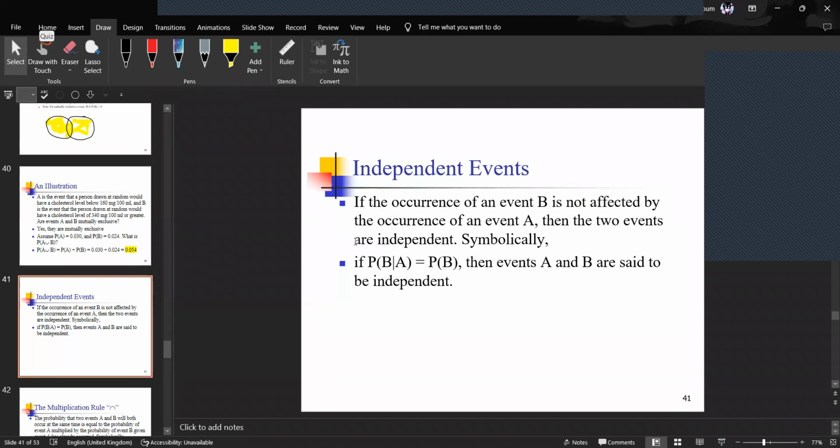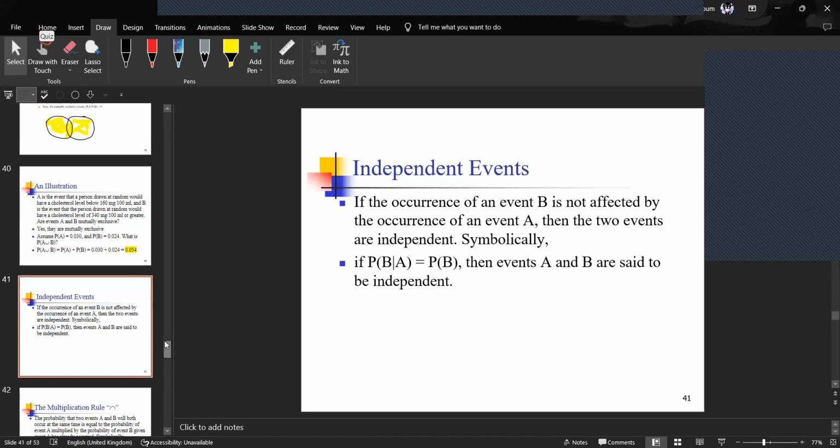Which basically means that the probability of event B, if A has already happened, equals the probability of B. So if the probability of event B, given that event A has already happened, is equal to the probability of B, then A and B are independent.